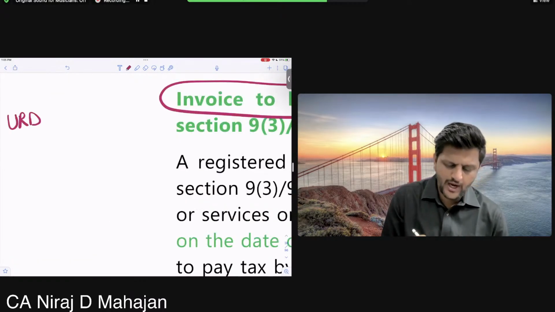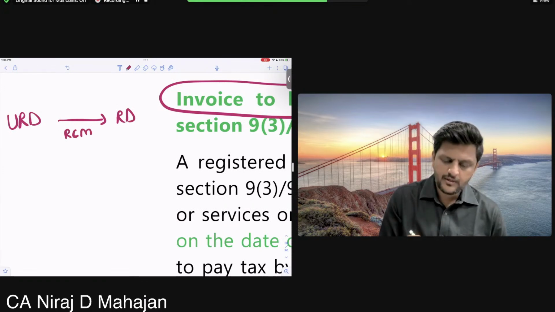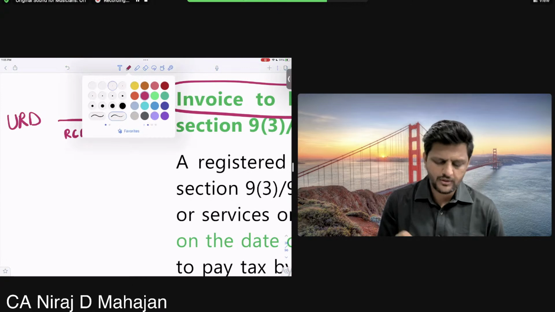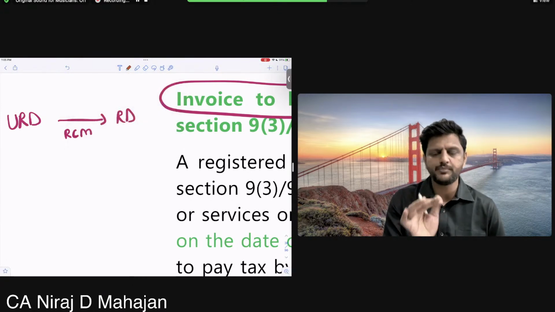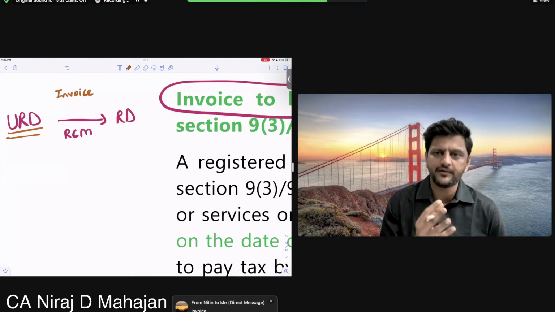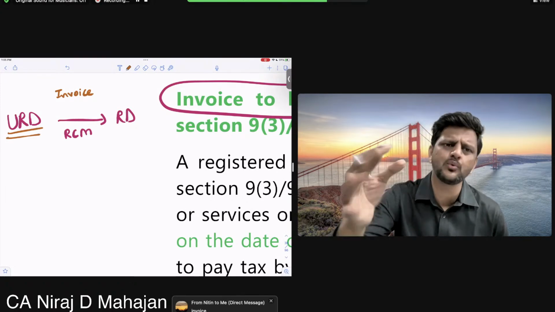URD to RD, yes or no? It is applicable on RCM. Tell me, what document does URD issue to RD? Simple invoice. But is this guy even coming under GST? No. He's simply issuing a normal invoice.